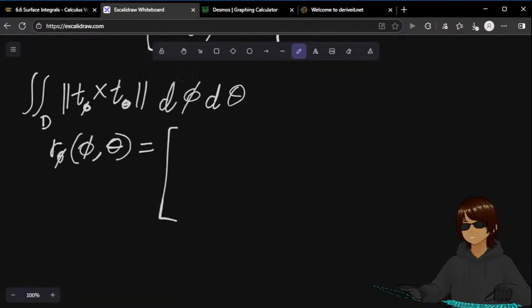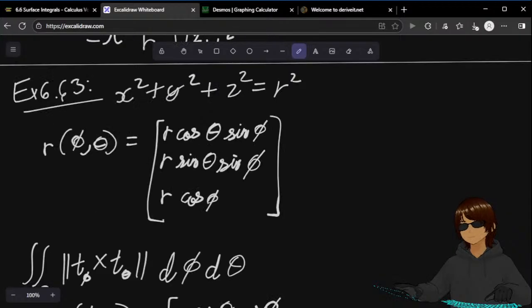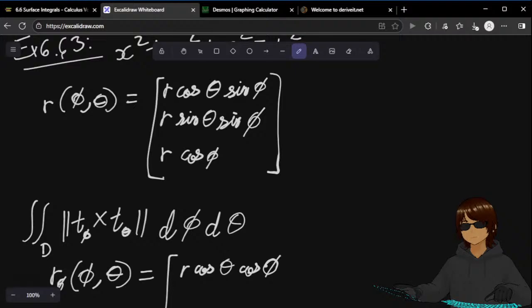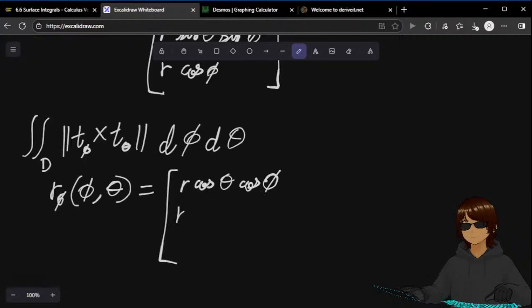Sine becomes cos. Derivative of the first times the second, plus the first times the derivative of the second.